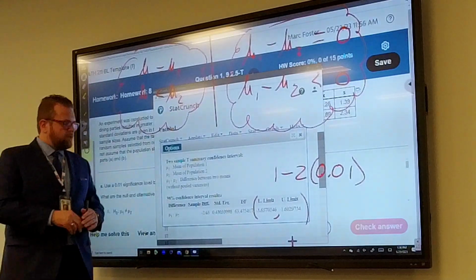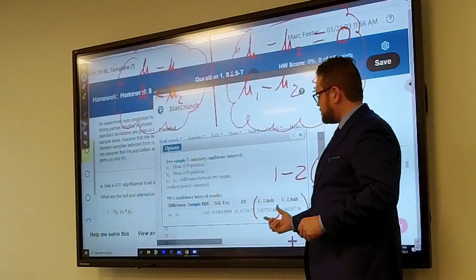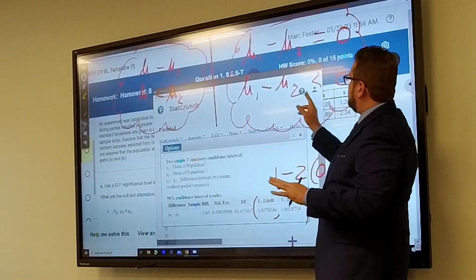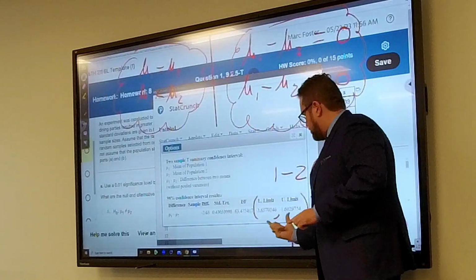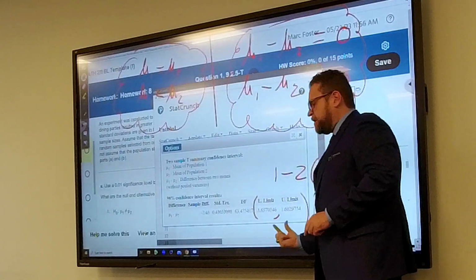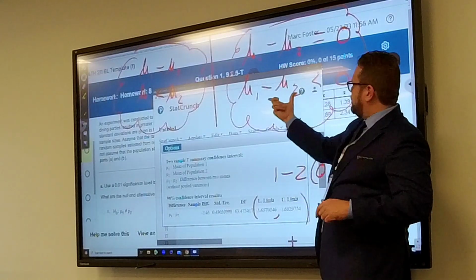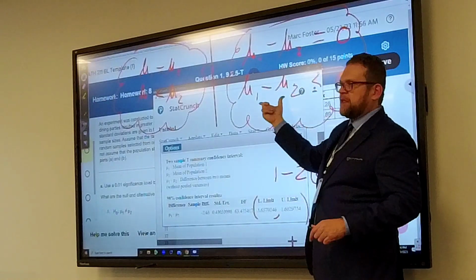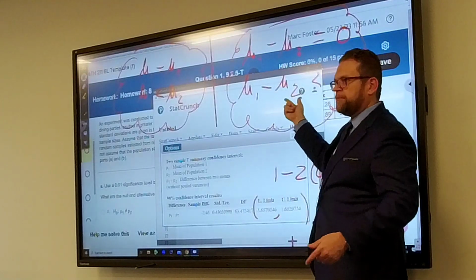So that means that we're 98% confident that whatever the difference in these two means is, it's going to be negative because it's in between this negative number and this negative number. And what did having this difference be negative mean? It meant that the people who got candy tipped more because they were group 2.